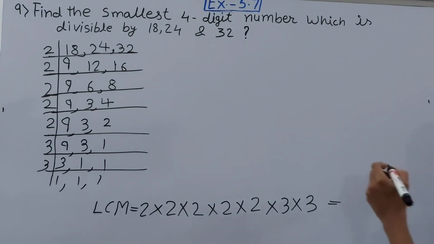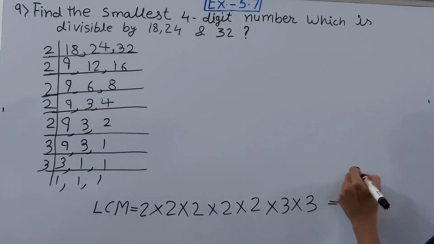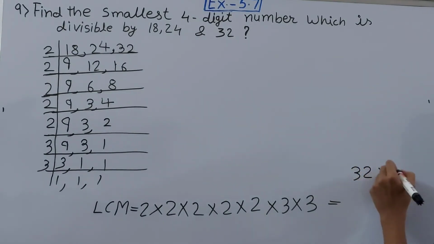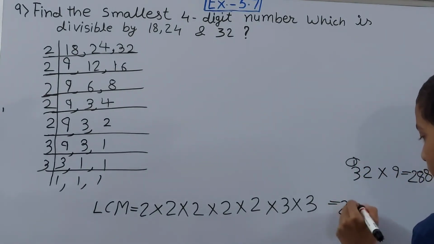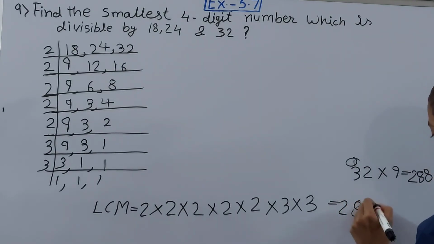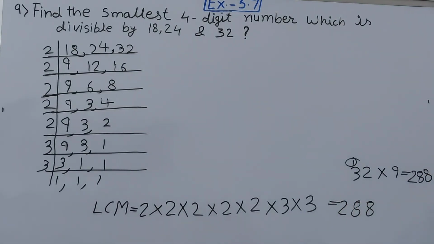So let's quickly multiply this 32 and into 9. So 9 2s are 18, 8, 1 carry, 9, 3 is 27 plus 1, that is 28. That means our LCM is 288. Alright. So we have got the LCM, that is 288.